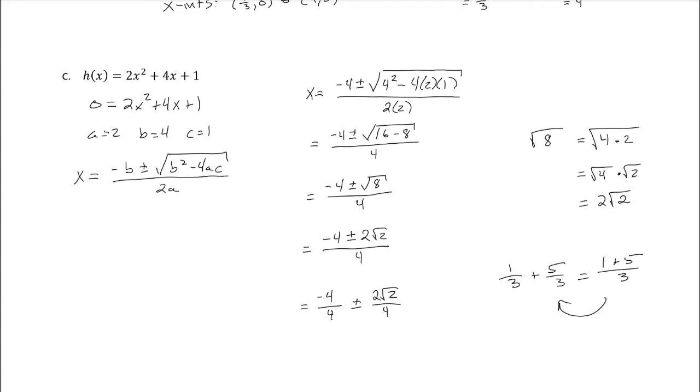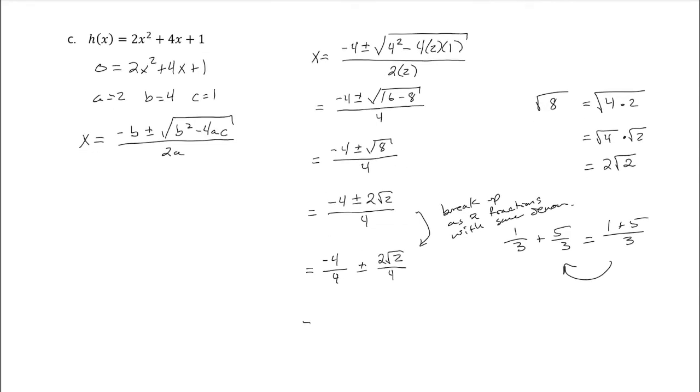But we could break this up and go backwards with this, yes? So that's what I'm doing here. I'm breaking this up as two fractions with the same denominator. And this allows me to reduce each of these fractions individually.